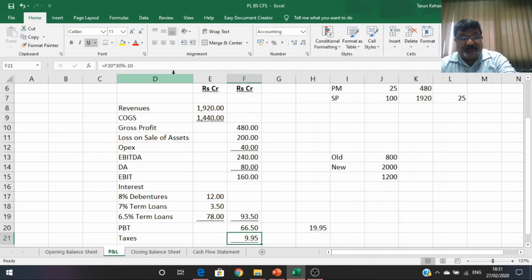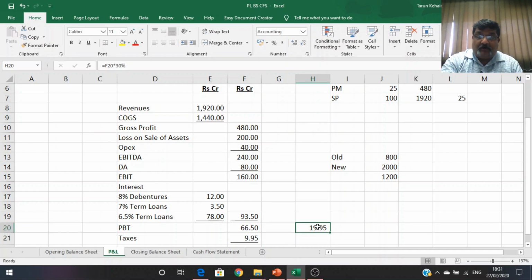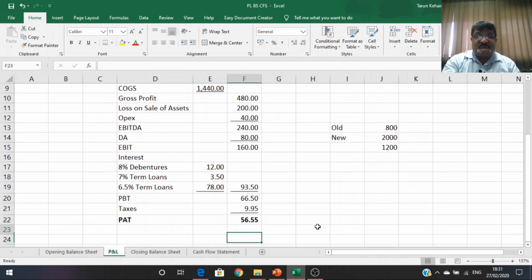If you look at the formula here, I have taken 30% of the profits as your income tax liability minus the 10 crores already lying as a surplus, leaving you with an income tax provision of only 9.95 crores. And if you reduce the provision for taxes, you get your profits after tax of 56.55 crores.